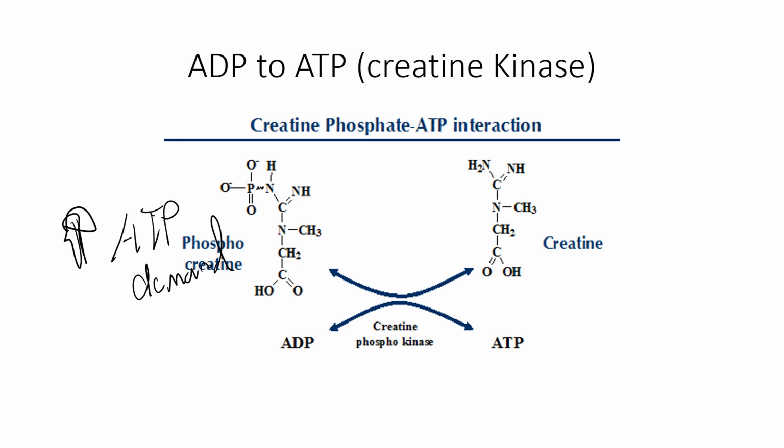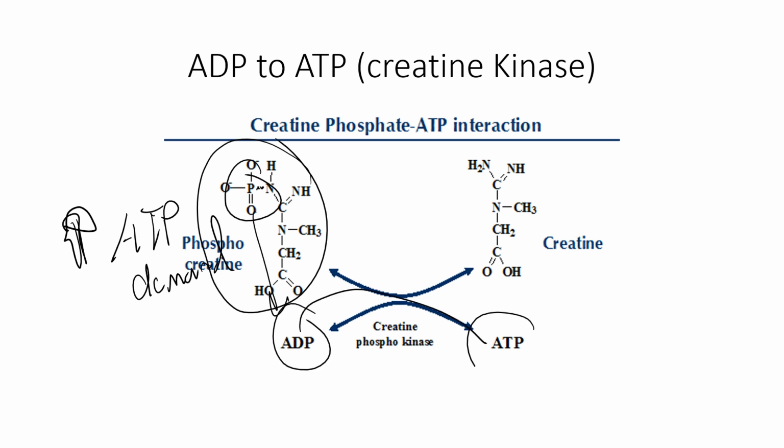This reaction does it all at once. All it does is take a molecule of phosphocreatine, break it down, and donate the phosphate to ADP, resynthesizing ATP. In one chemical reaction, we've remade ATP.